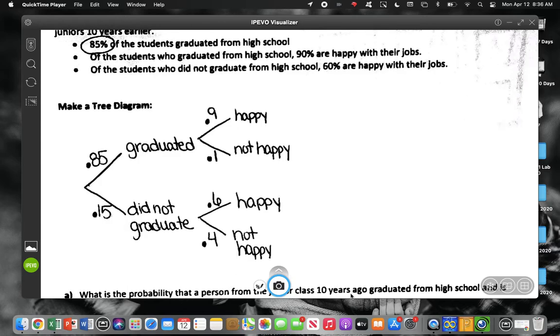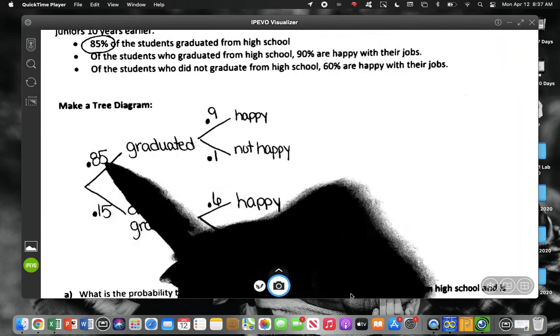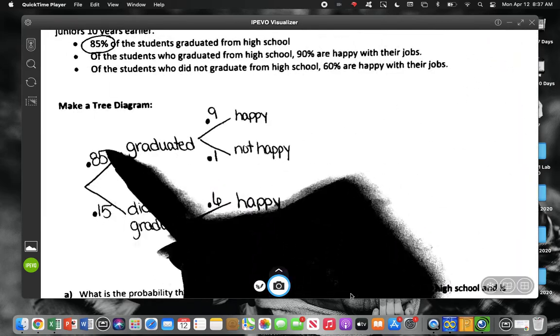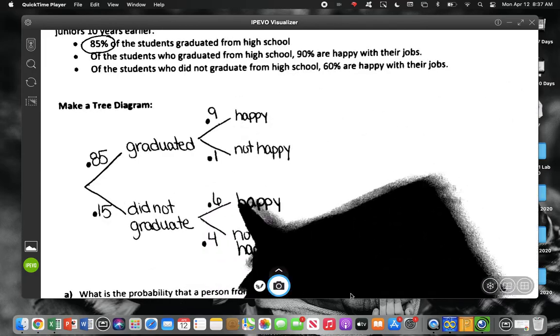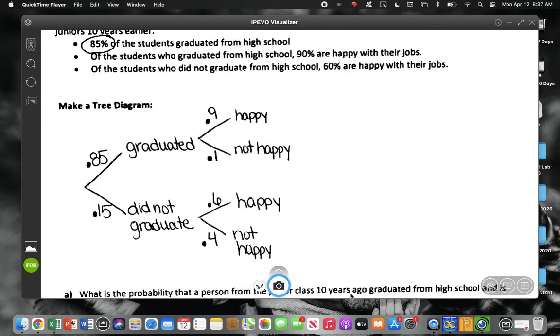So we built a tree. Whenever you split the branches, the two percentages add up to 100. When we split up here, those two add up to 100. When we split up here, those add up to 100.